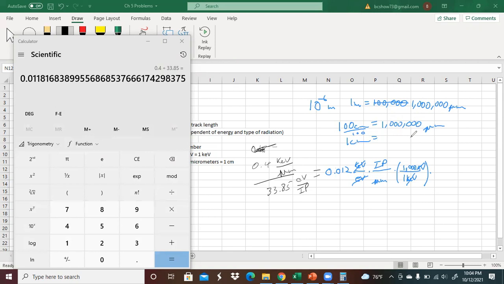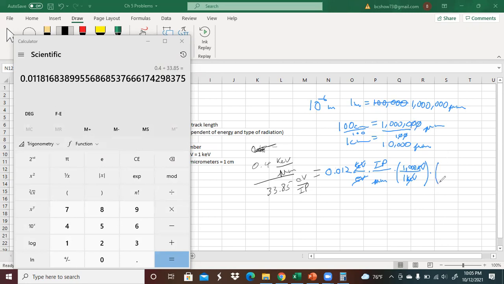And if I do something to one side, I have to do it to the other. That means I lose a couple of zeros here, and I end up with 1, 2, 3, 4 zeros. Okay, so now I've got 1 cm is equal to 10,000 micrometers.